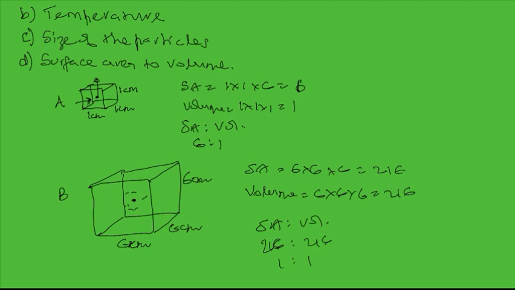So relative to the surface area, here the volume is very big, and hence the rate of diffusion of particles into and out of a large body is going to be slower compared to that of a smaller body.